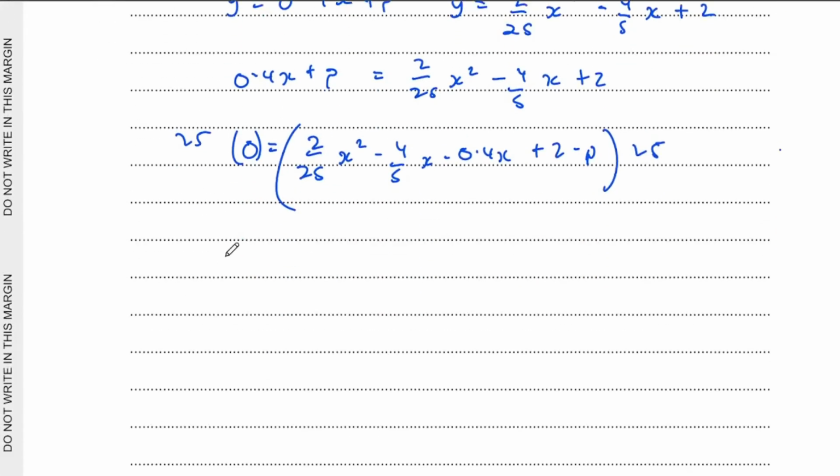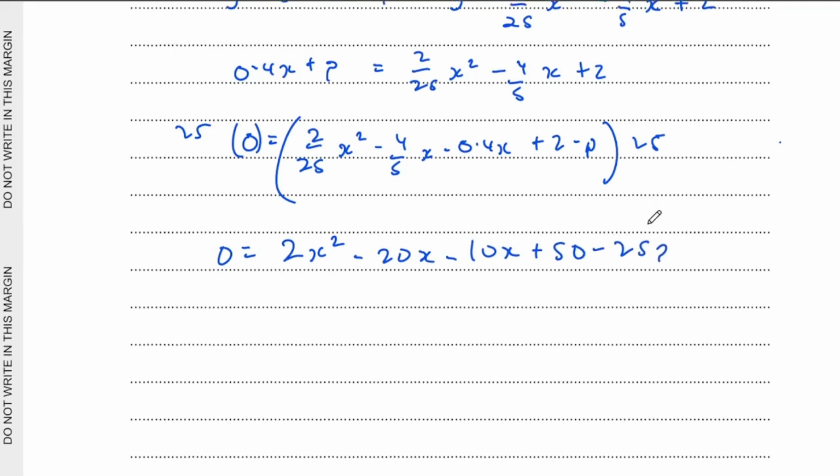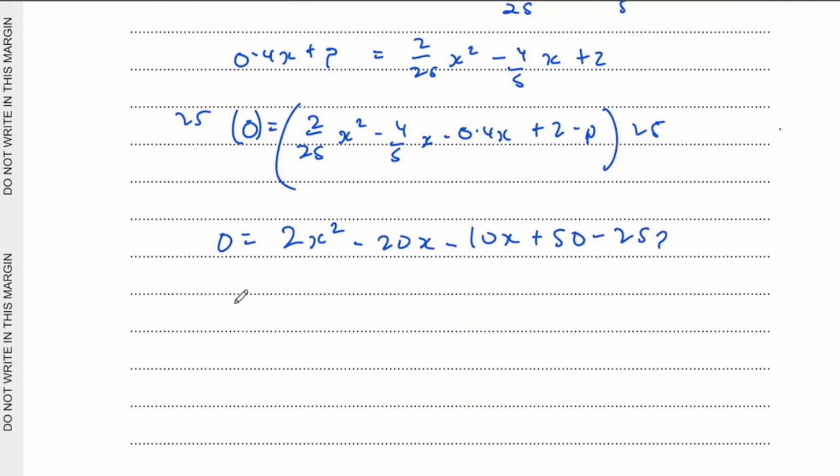This would give us 0 equals 2x squared minus 20x minus 10x plus 50 minus 25p. Okay, and here we would get 0 equals 2x squared minus 30x plus 50 minus 25p.